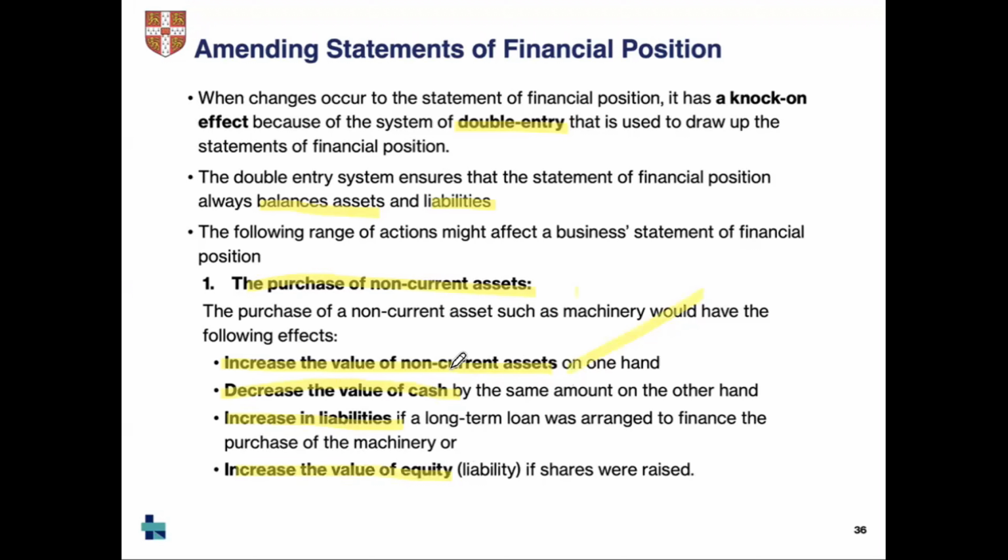That is, it increases the value of our non-current assets and also affects any one of these three. So that's the double effect that we were talking about in accounting, which we call the double entry system: a transaction having a knock-on effect, or when it changes one thing, it will change another thing on the balance sheet. So we are still looking at amending a statement of financial position, or the things that cause changes in the statement of financial position.